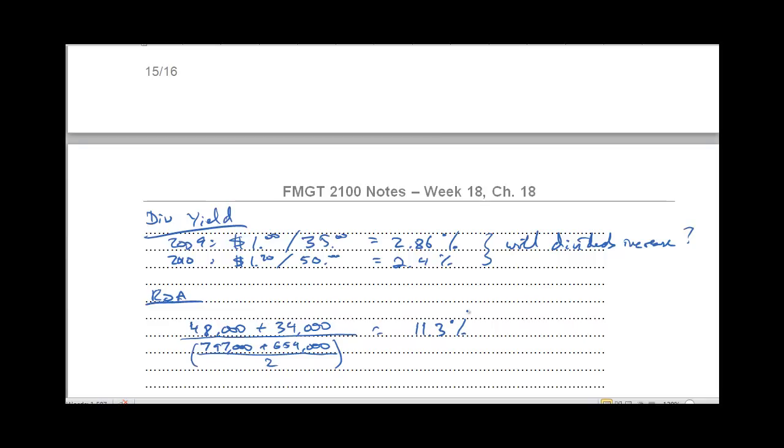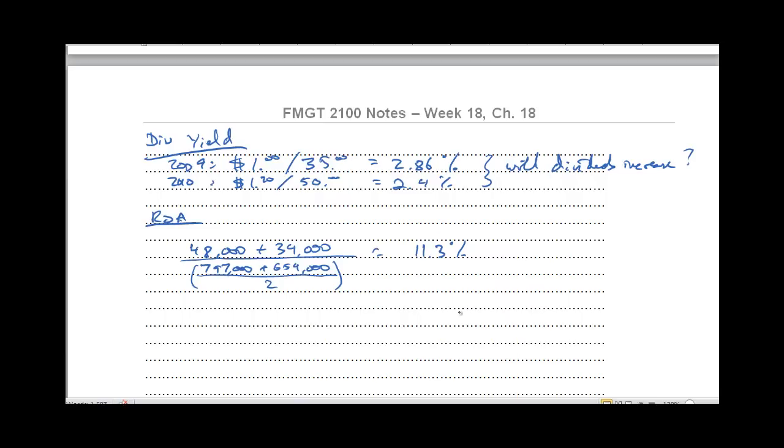Again, it'd be nice if we had something to compare this to, but we don't. So we've got this 11.3, and next year we should recalculate this and look at the trend of where this is going, or see if we can dig up some industry averages to compare that to.